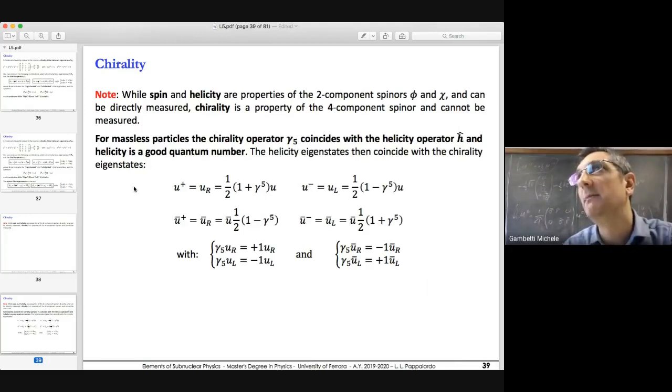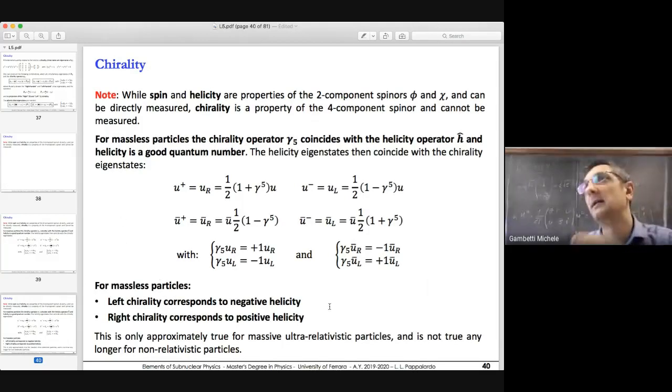Okay, so only in the limit where the mass is 0 or can be set to 0, then the helicity eigenstates correspond to the chiral eigenstates. So in general, this is the rule. For a massless particle, the left chirality corresponds to negative helicity, and you see here, and the right chirality corresponds to the positive helicity, and you see there.